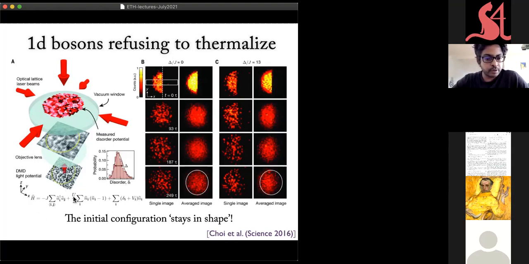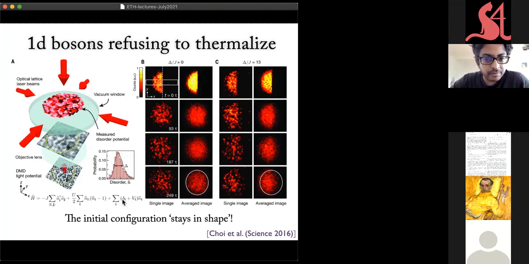So U over here is, again, some quartic coupling. And this delta is some disorder which is picked from this distribution. And you can do an experiment.